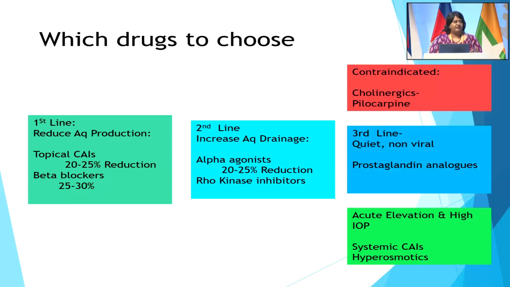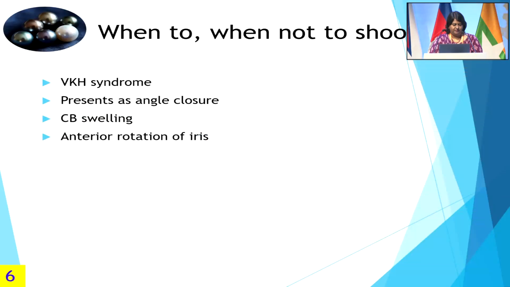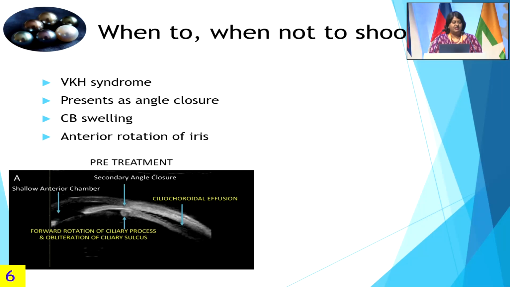If you have a sudden acute elevation of IOP with very high IOP, systemic carbonic anhydrase inhibitors and hyperosmotics are indicated. When to shoot and when not to shoot. When a patient presents with secondary angle closure as in a uveitis syndrome, it is not pupillary block; it is the ciliochoroidal effusion and ciliary body swelling that lead to angle closure.